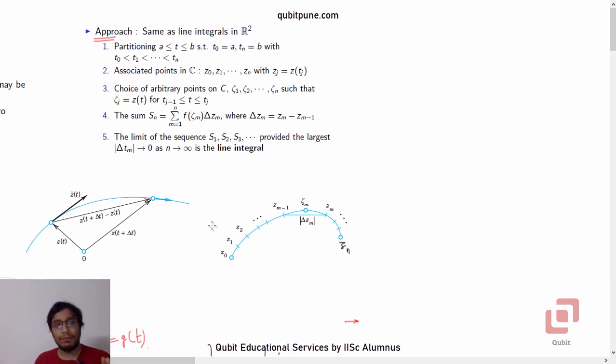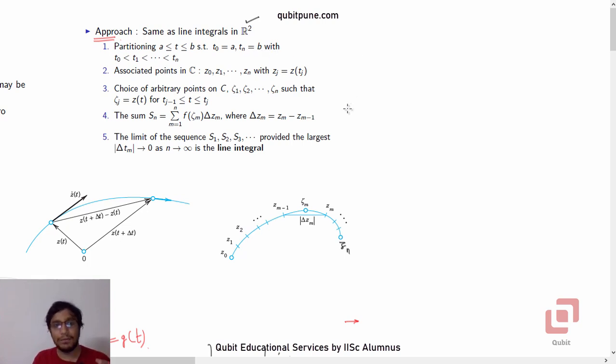Okay, so now we will simultaneously discuss the theory and look at the diagrams. The approach is going to be very similar to the line integrals in the xy plane, because the z plane itself is the xy plane.